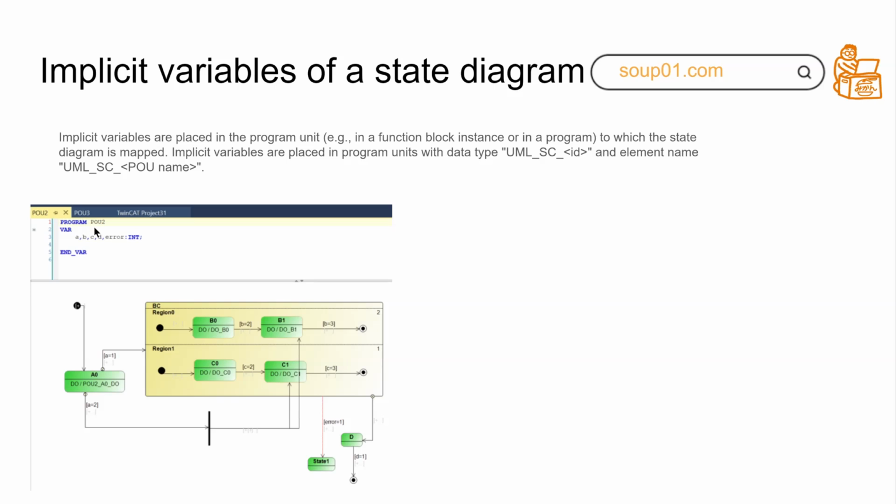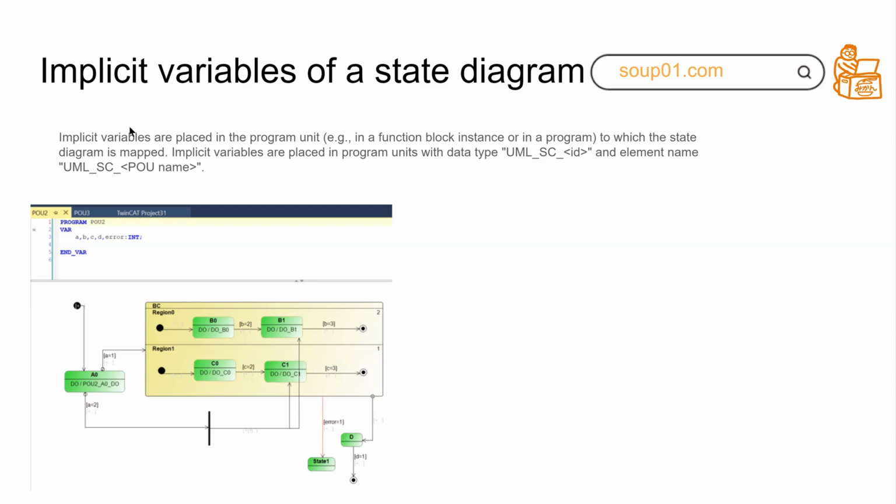Here you can see that in my chart I just defined A, B, C, D, and error. But implicit variables are placed in program units with the data type UML_SC_ID and the variable name, UML_SC_point name. So what is the meaning?